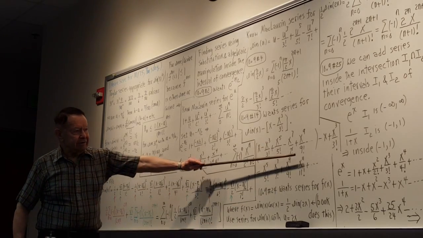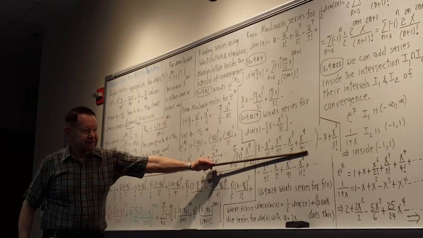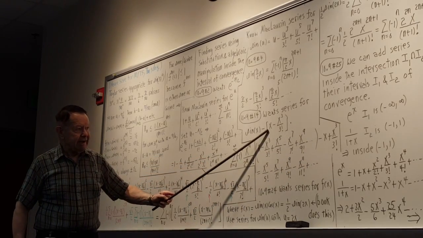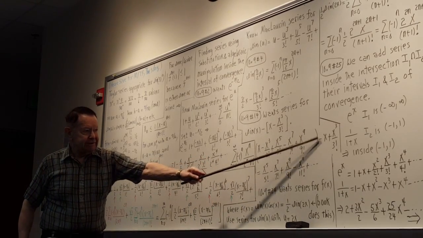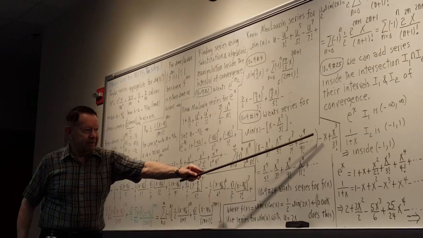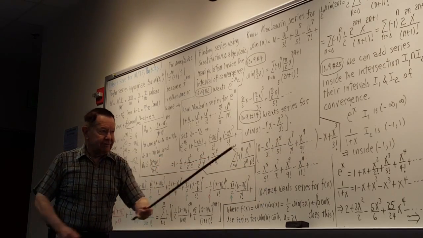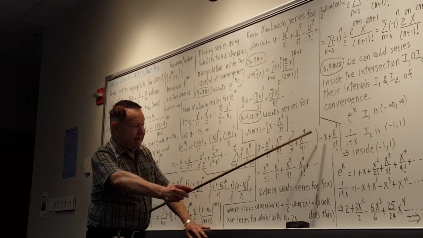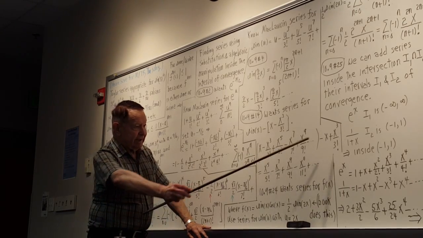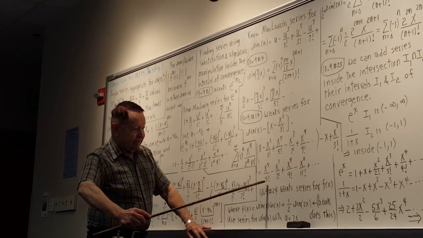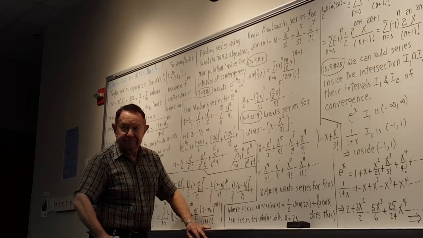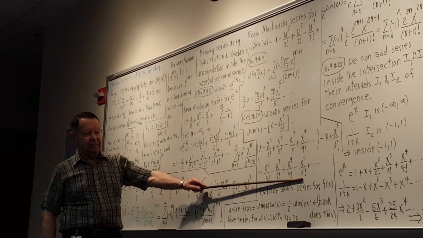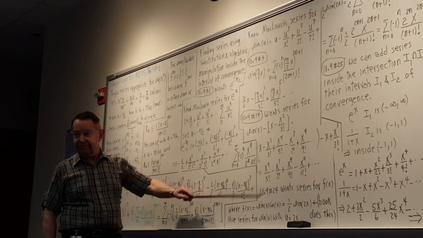So write your first terms of your sine series, and then subtract here: minus x, plus x cubed over 3 factorial. And then you notice those cancel and those cancel. So you get this series. You get all of the sine series except the first two terms.